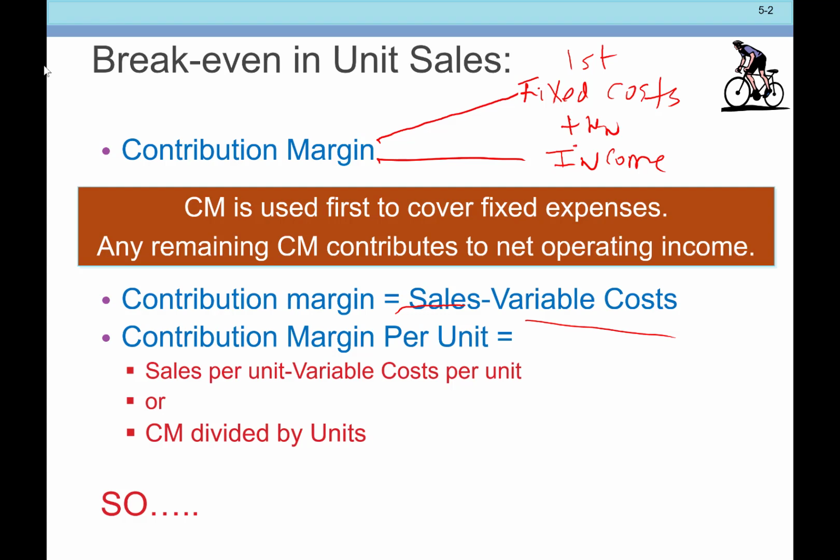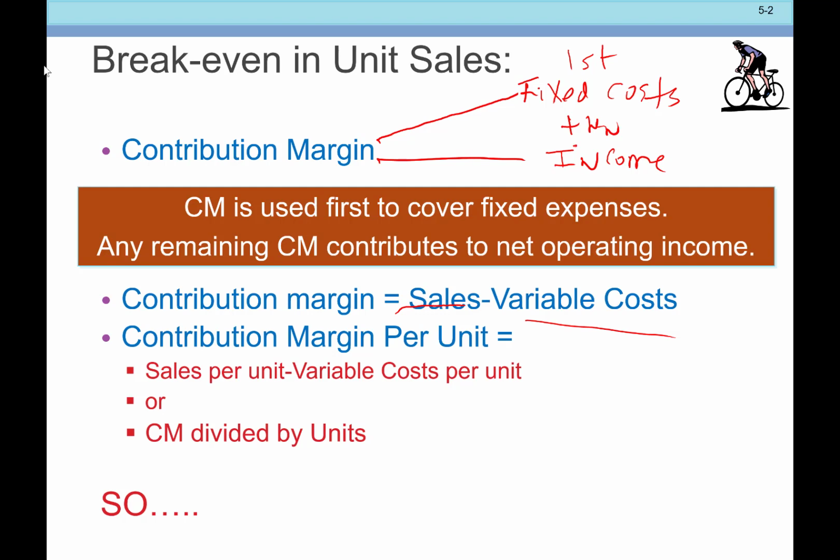Okay? Now you take a look, and you can see here that we may want to know what our contribution margin per unit is, and it will be the sales price per unit minus the variable cost per unit. It is useful for us to know what our contribution margin per unit is because when we do our break-even analysis, we will often be saying how many units do we have to sell in order to break even.